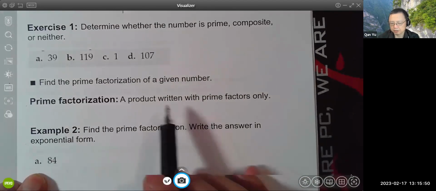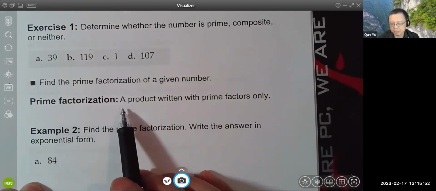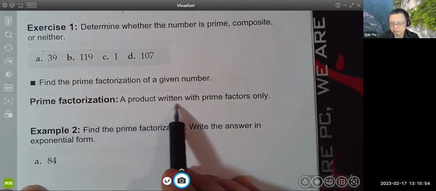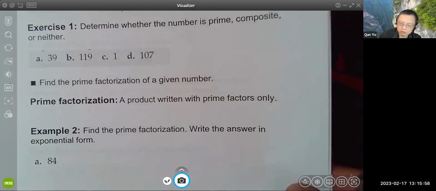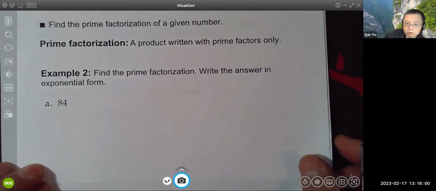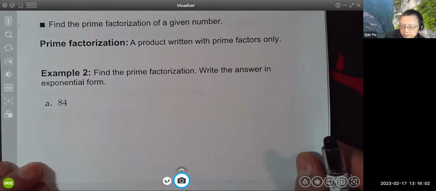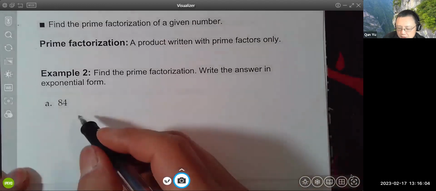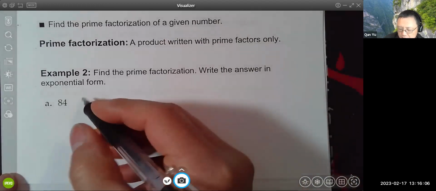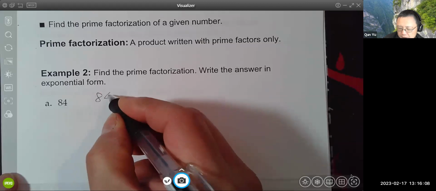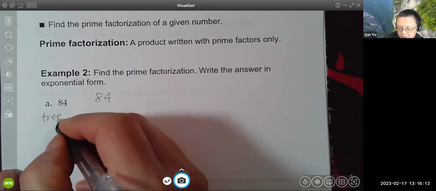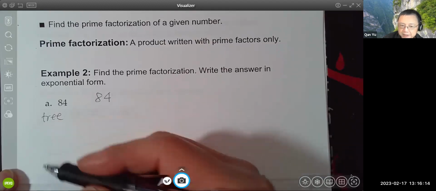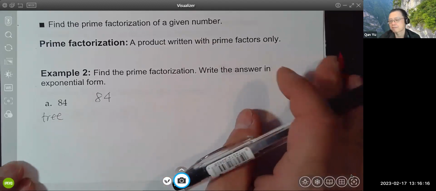Okay, a prime factorization is a product written with prime factors only. So let's do this example too. I'm going to do it twice. First, this is called the tree method, because the layout is like a tree. It has branches.